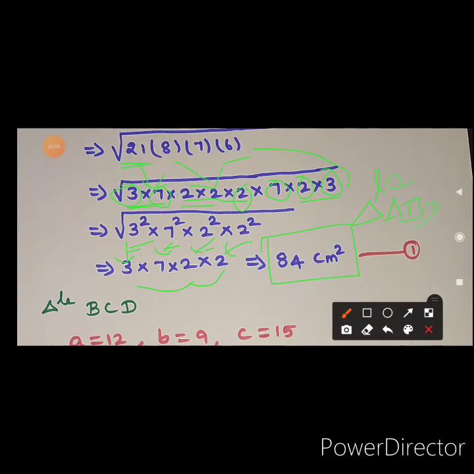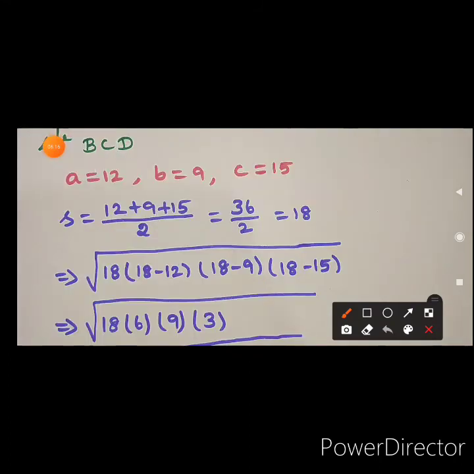Now we have to find out triangle BCD. Here a is equal to 12, b is equal to 9, c is equal to 15. So the semi-perimeter is 12 plus 9 plus 15 by 2. 12 plus 9 plus 15 is equal to 36 by 2, which is equal to 18 centimeter.